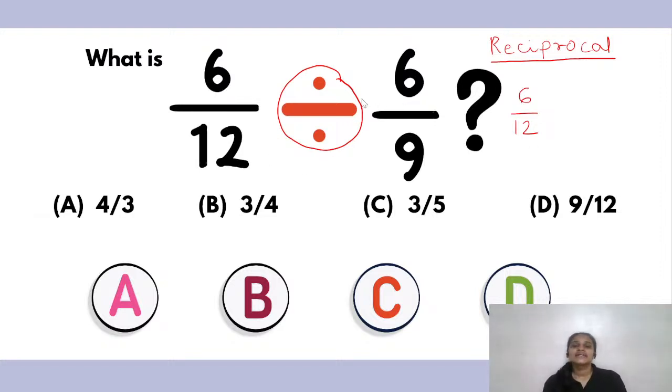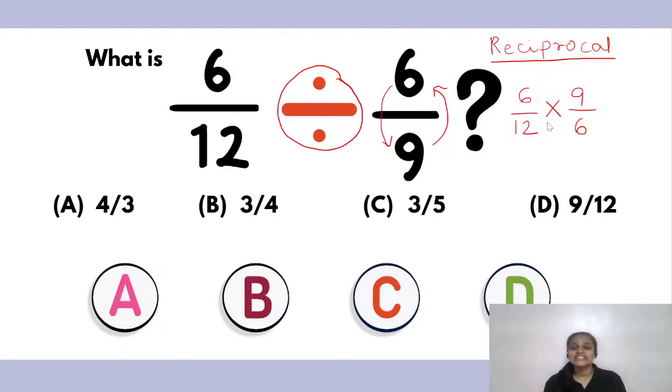I can replace this sign with multiplication, but the fraction has to pay a cost. The second fraction will be written in the inverted form, 9 upon 6. They will have to exchange places, so 9 will come on top and 6 will come down.